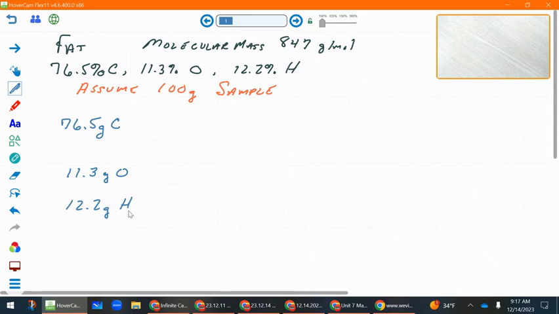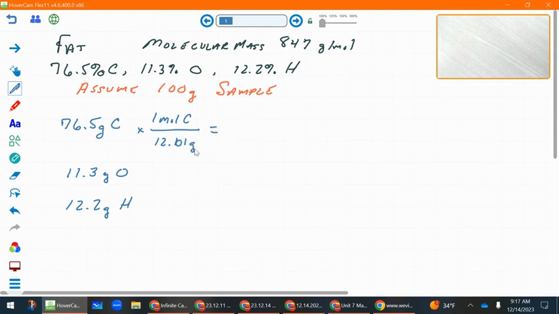Now that we have it in grams, what do we do with everything? Convert it into moles. So for carbon, we are going to convert it into moles by using 1 mole of carbon over 12.01 grams of carbon.